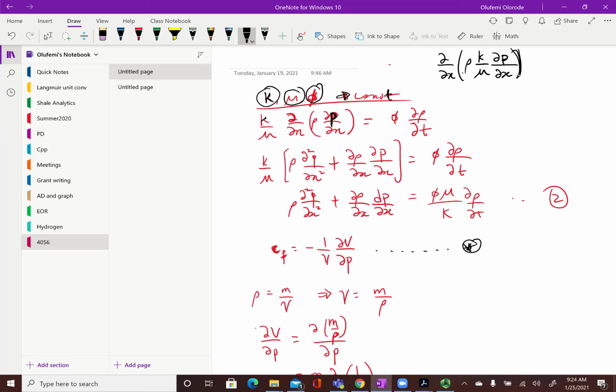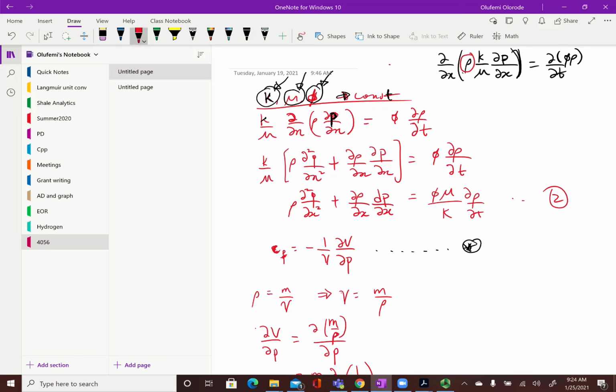It's equal to the derivative with respect to time of phi rho. We're going to assume that permeability, viscosity, and porosity are constant, but density isn't constant.